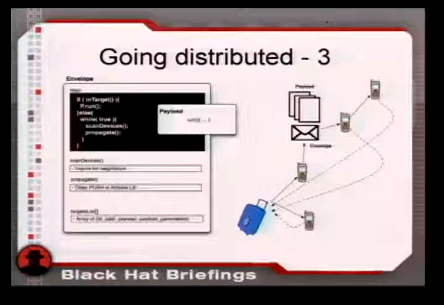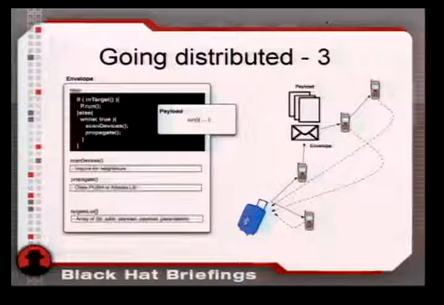The envelope is really nothing more than a huge if. If the code is executed on the target, it executes the run method of the payload to do the task assigned. Otherwise, it just tries to scan for devices and tries to propagate to those devices.